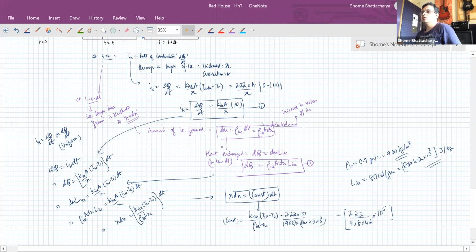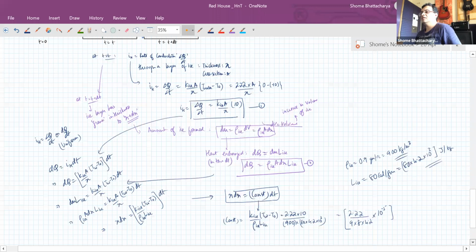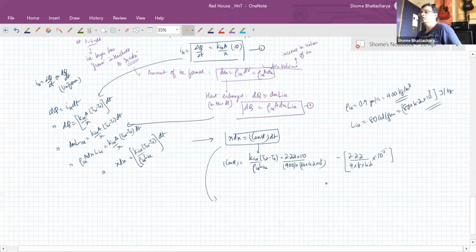Okay. So anyway, this equation that we get, it will tell us that x dx is equal to this particular constant into dt, and this constant is this value, which I'll just give you. So x is going from 0 to x, let's say in time 0 to t. We get x square by 2 is equal to this particular constant into time, or x as a function of time will become square root of 2 into this constant into time t.